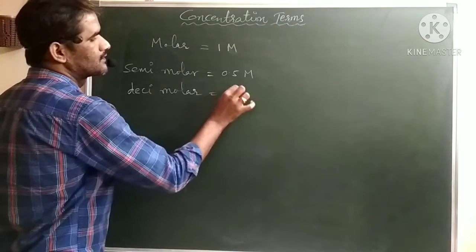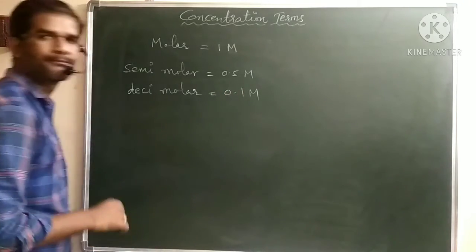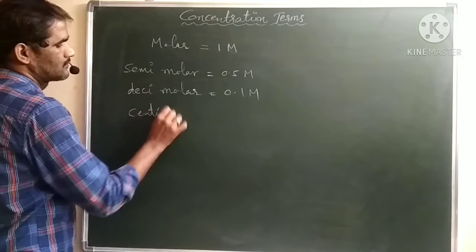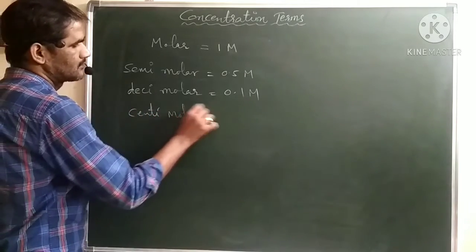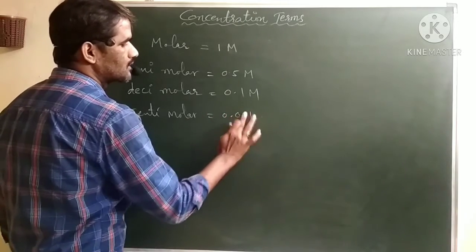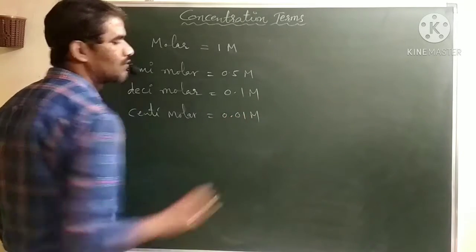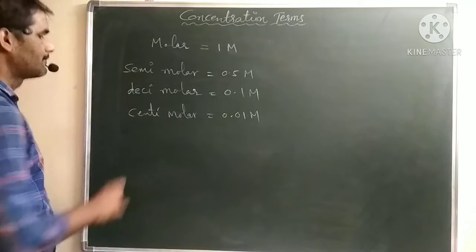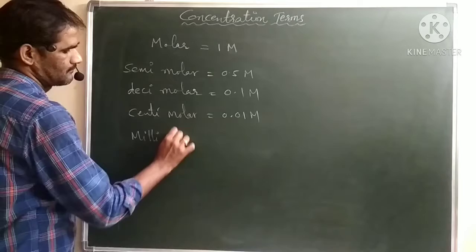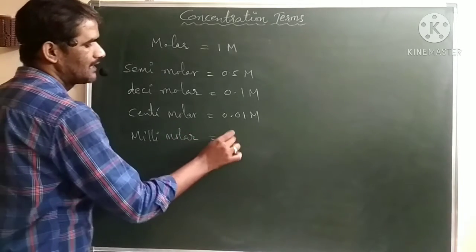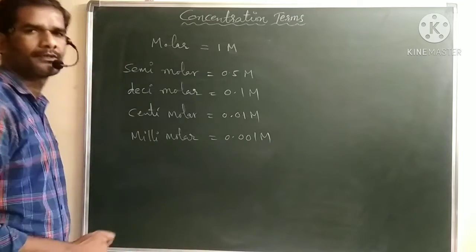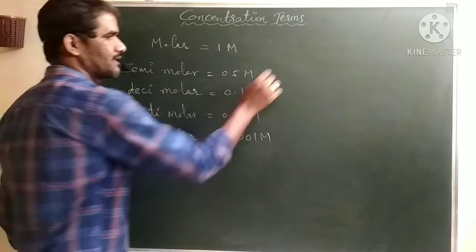Decimolar means 0.1 molar. Next we have centimolar. Centimolar means 0.01 molar. And millimolar. Millimolar means 0.001 molar. Sometimes these may be represented like this.